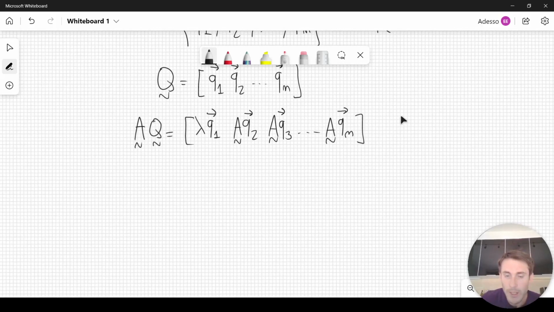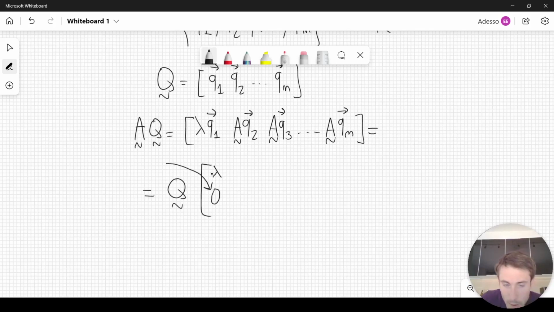And we can also write it in the following way. We have the matrix Q, and here we apply this matrix to, in the first row, first column, lambda. Then here we put a 0, but actually this 0 is not really a scalar.